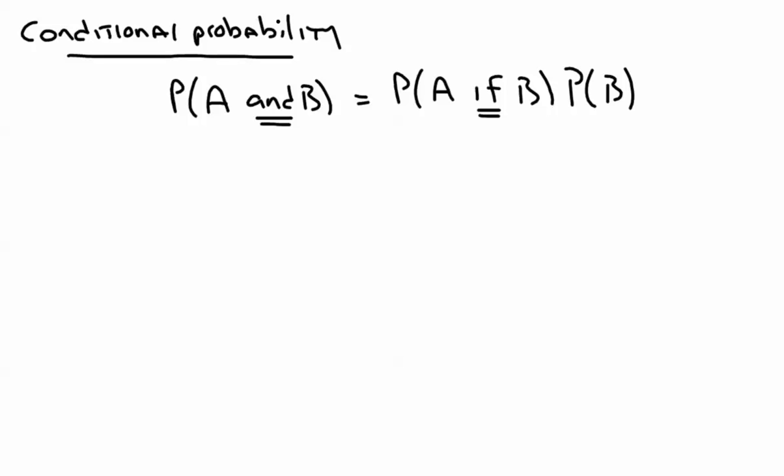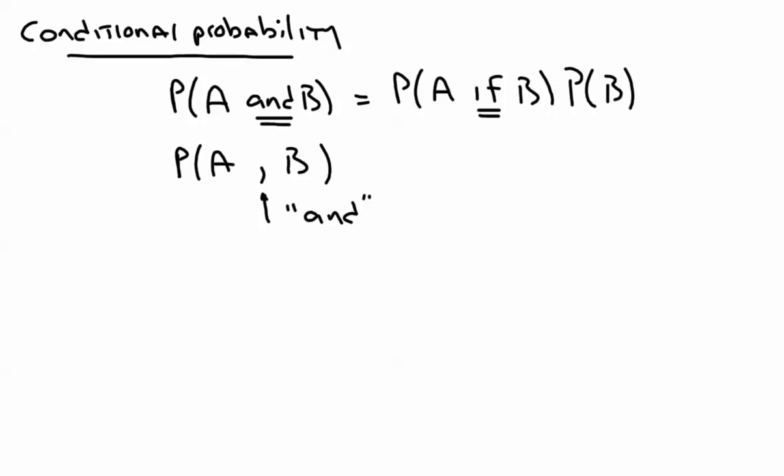A couple of other pieces of notation we use to indicate the conjunction: probability of A comma B. This comma implies the word and. It's a conjunction.